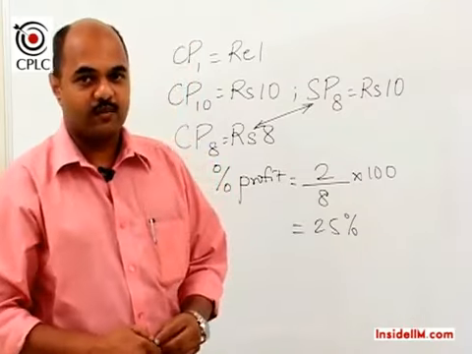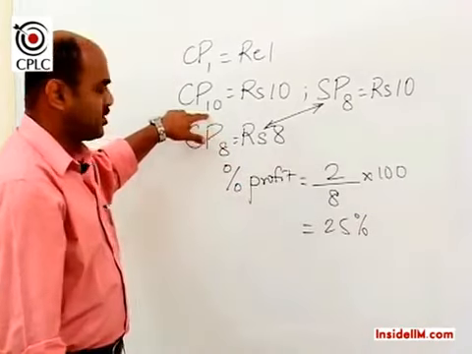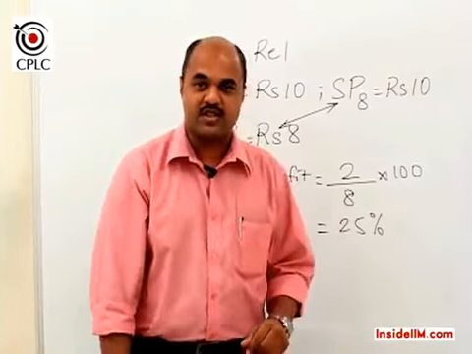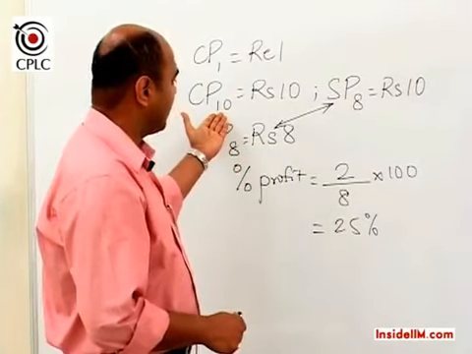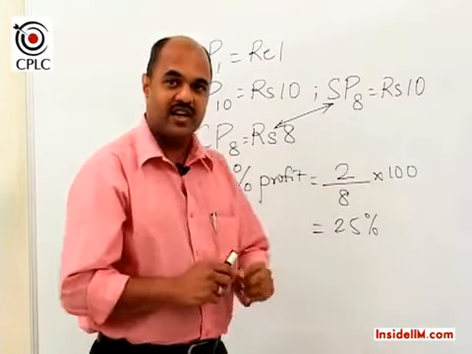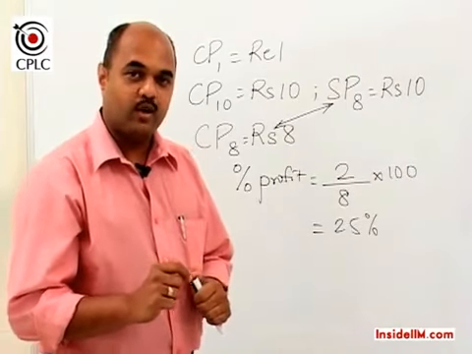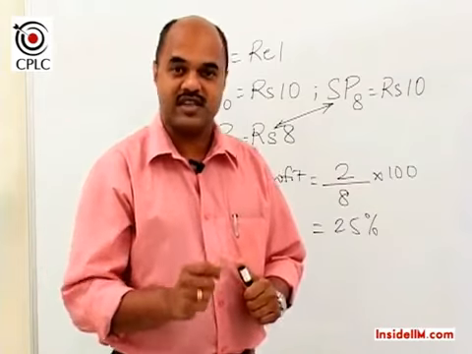Let's try and solve the same question using a shortcut. We've been told that cost price of 10 is equal to selling price of 8, and we've also discussed conceptually that the cost of 10 has been recovered by selling 8, and hence this tells me that I have saved 2 articles. So now I can look at the percentage profit in terms of the number of articles saved.